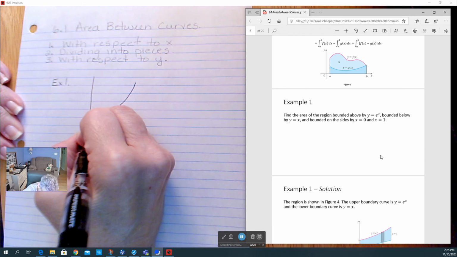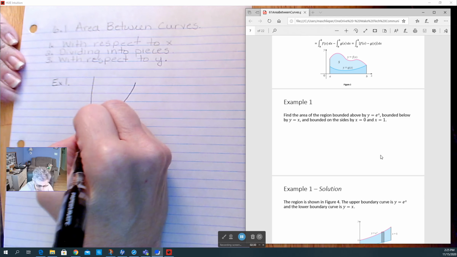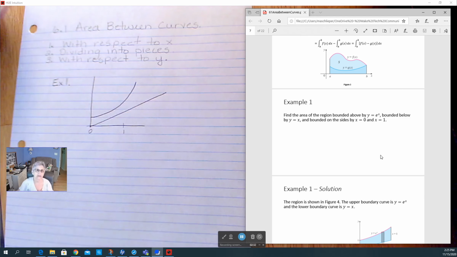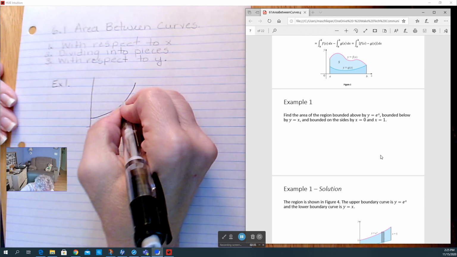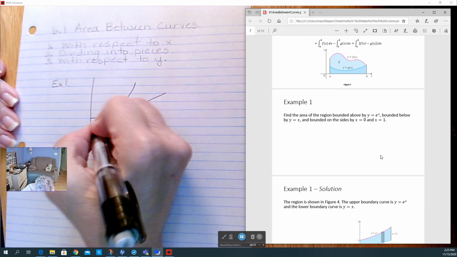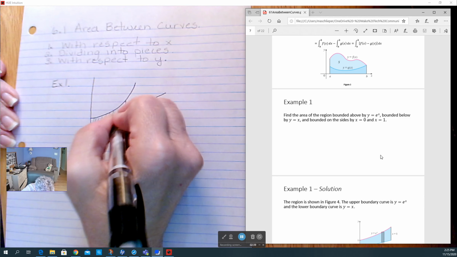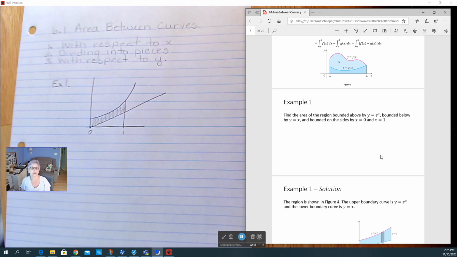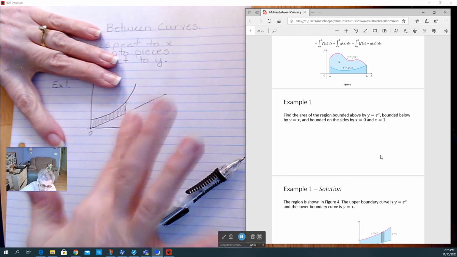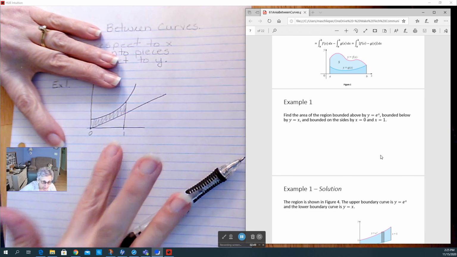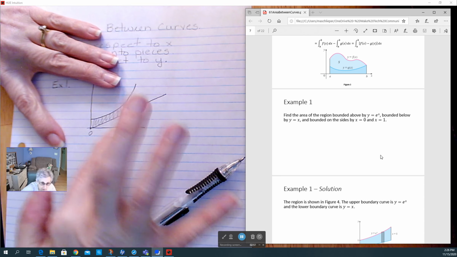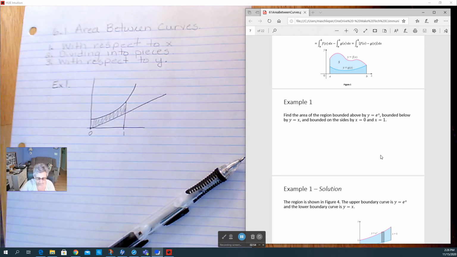And then y equals x looks something like that. So we're trying to find the area of that region. So what we do is we find the area of the entire region, and then we subtract off the area underneath the line.